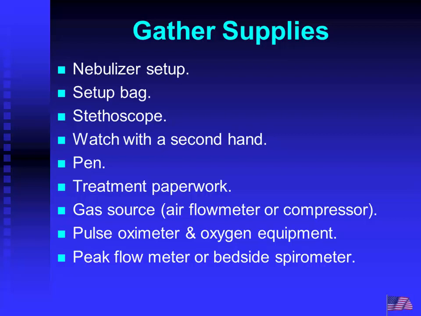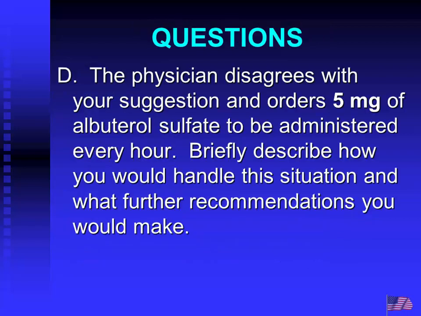We need some sort of a gas source, either an air or oxygen flow meter in the hospital or in the home environment, we would use a compressor. Looking at an oximetry we talked about, peak flow we talked about.